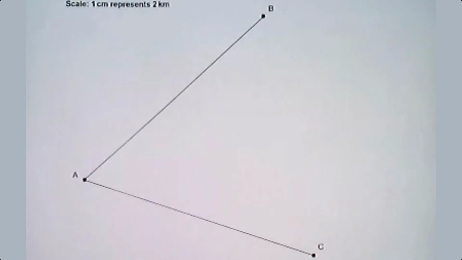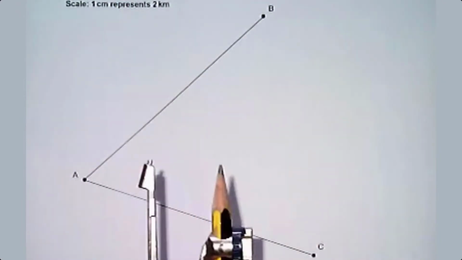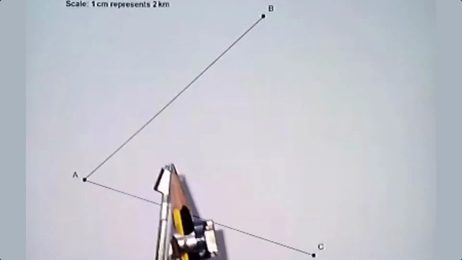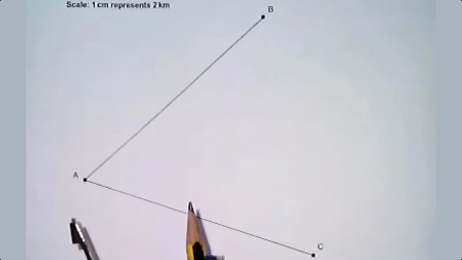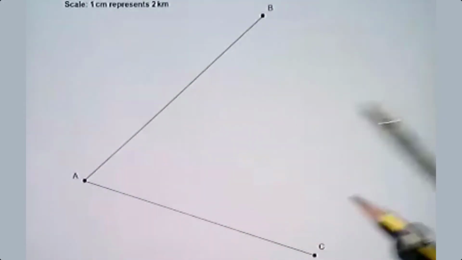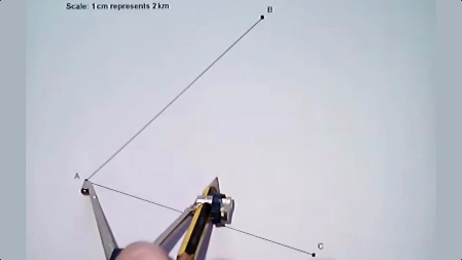Okay, time to reach for the compass. Make sure the compass tip and the pencil are in the same place. Then you want to open your compass out and you're going to draw a series of arcs. First, centering the compass at A, we're going to draw an arc that cuts both arms of our angle that we're trying to bisect.